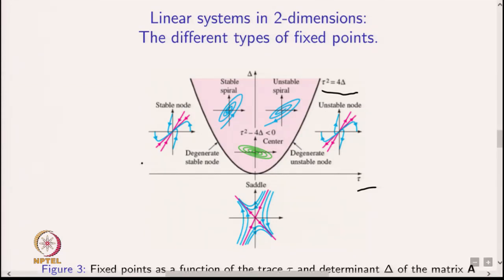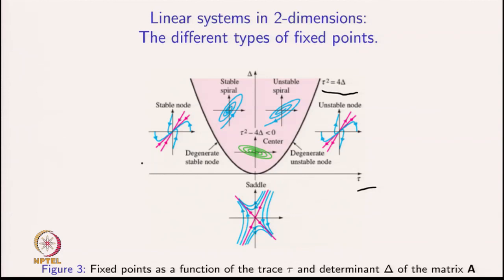On this side, you have both the eigenvalues negative, and therefore you have the stable node on one side and the unstable nodes on the other side. And below this line, for all negative delta, you have saddle points.